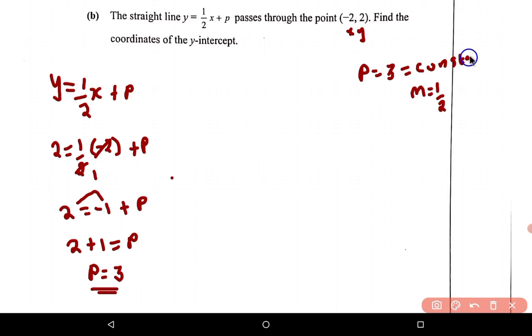Since we are looking specifically for the y-intercept, we're going to say that x is equal to 0. On the y-intercept, x is equal to 0.